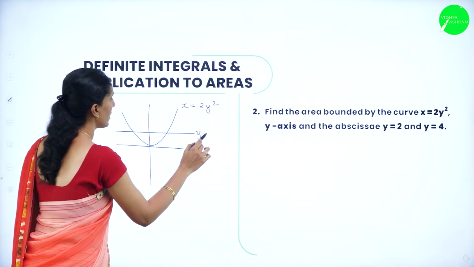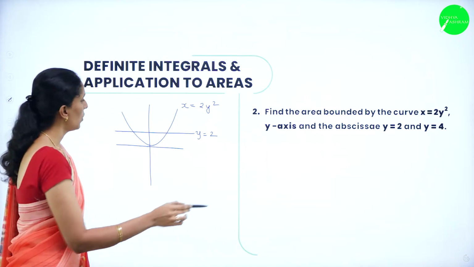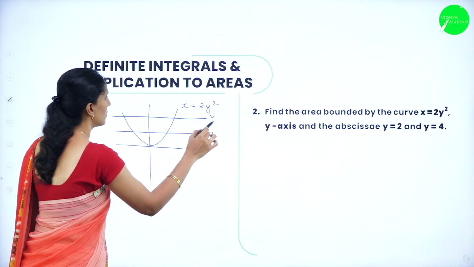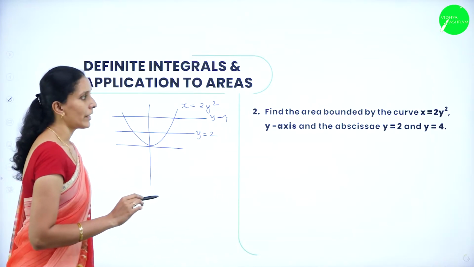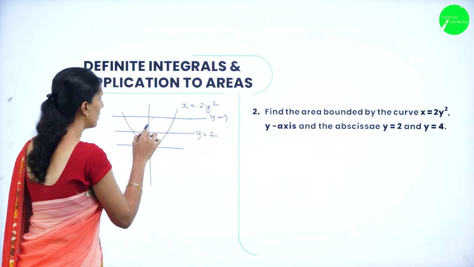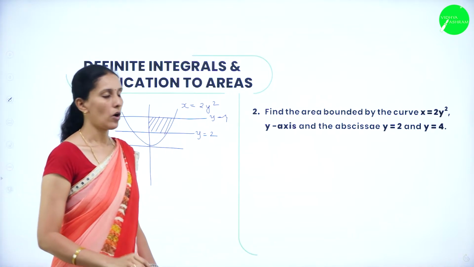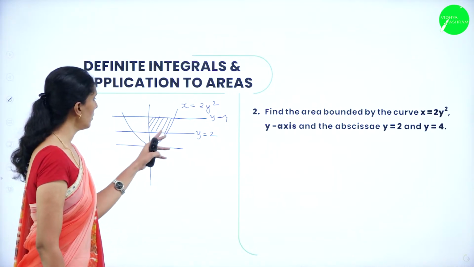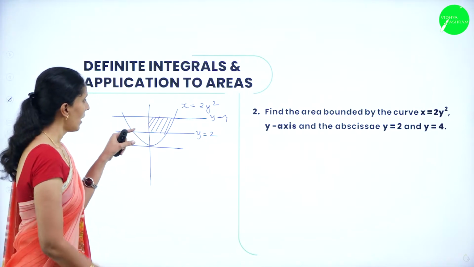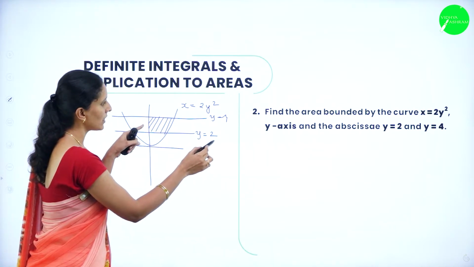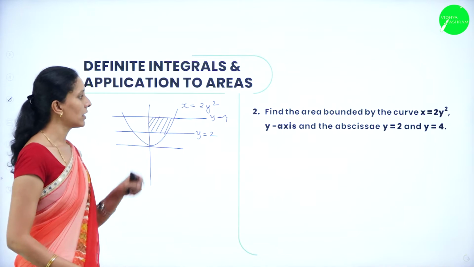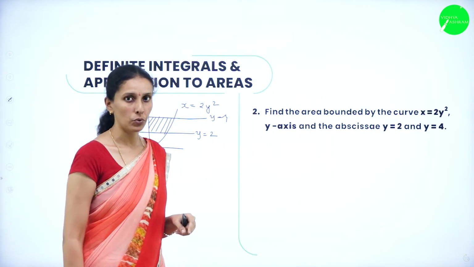So this is the line y is equal to 2 and y is equal to 4. We will take only the area in the first quadrant, since the curve must be non-negative. Therefore here we are taking only this part, and we have limits from y is equal to 2 to 4, and my function is x is equal to 2y square.